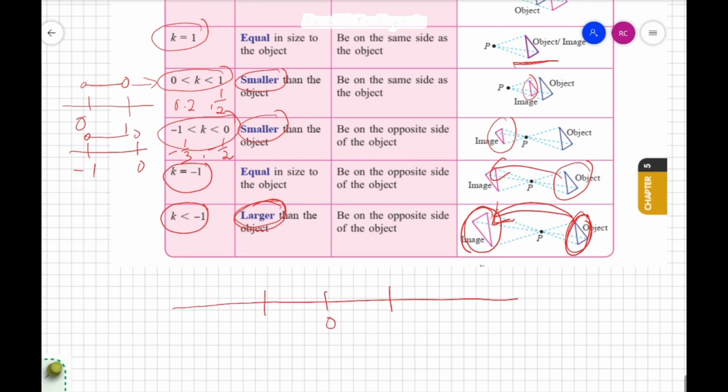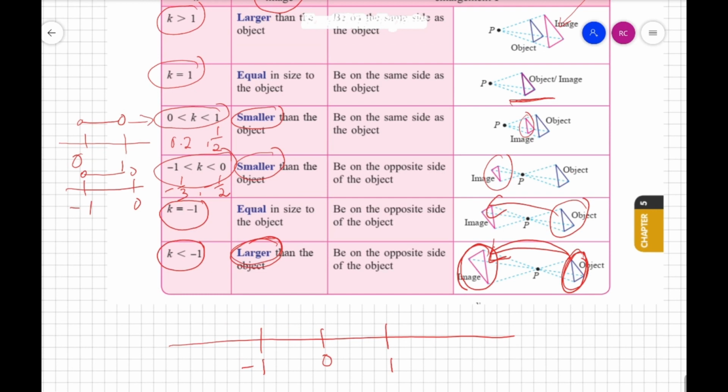I'm going to start with 0, then we have -1 here, and then 1 on the right. When the range is in between -1 and 1, from here to here, you can see the images are smaller. So this part will be smaller.